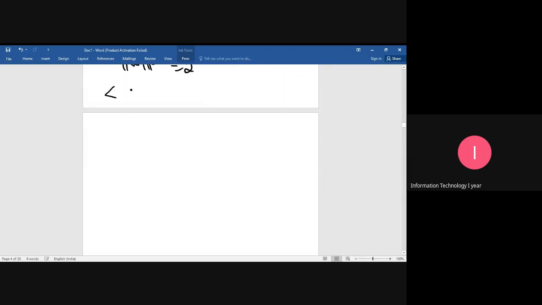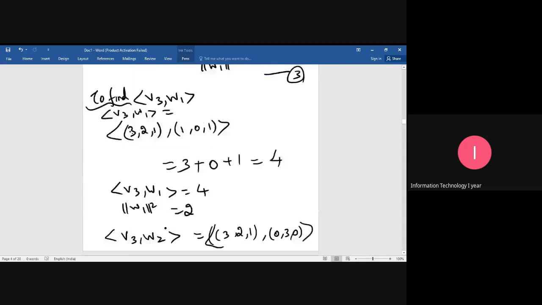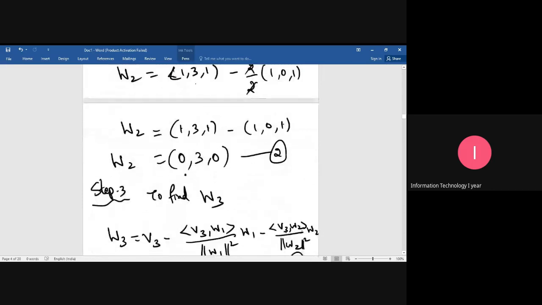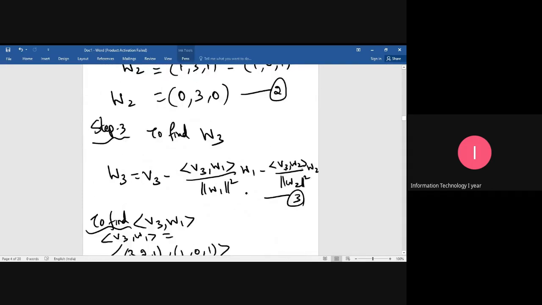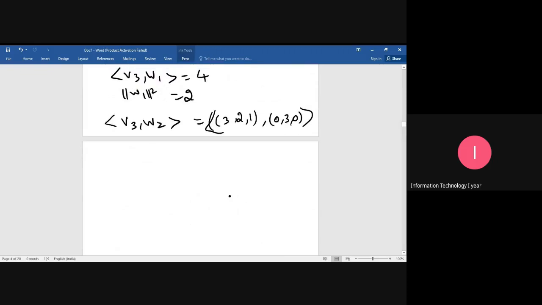V3 is 3, 2, 1, and W2 we calculated in the previous step: W2 is 0, 3, 0, right? So substituting, find the inner product now.